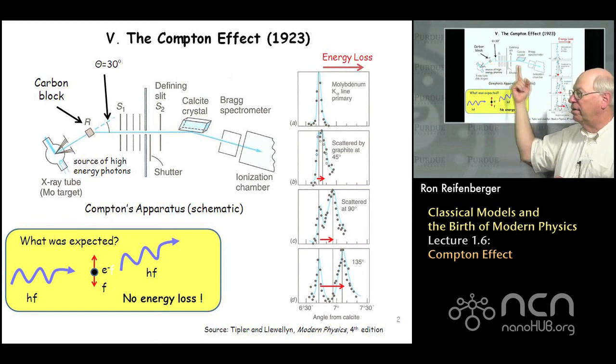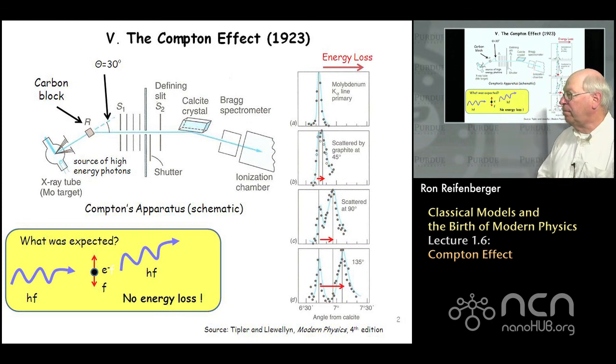He used a diffractometer, the details of which we don't need to go into. But what he was able to do was look at the energy of the scattered X-rays as a function of this scattering angle here. The scattering angle was always defined with respect to the incident beam of X-rays. And he measured the energy of the scattered X-rays as a function of the scattering angle theta.